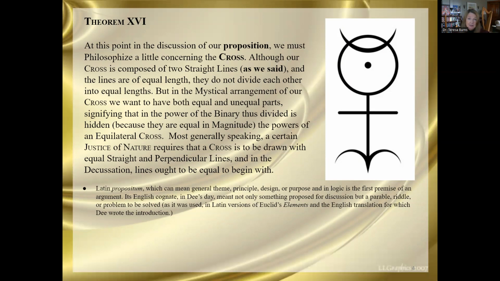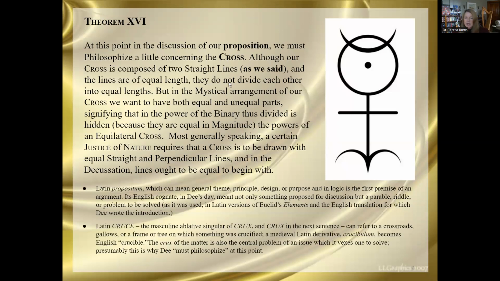So in that sense, he is telling you flat out that the hieroglyphic monad itself is a kind of parable or riddle or problem to be solved. It's also used that way in Latin versions of Euclid's Elements and in the English translation, which Dee famously wrote the introduction to.